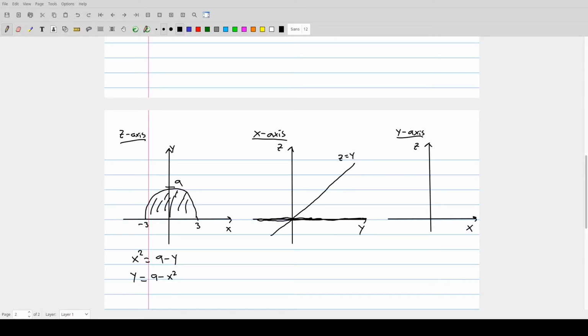But we know that the maximum value of y in our domain is 9 because of these conditions right here. So we have to draw a fixed line at y equals 9. And that gives us this right here as our region, or our trace of what we'll see if we look along the x-axis.